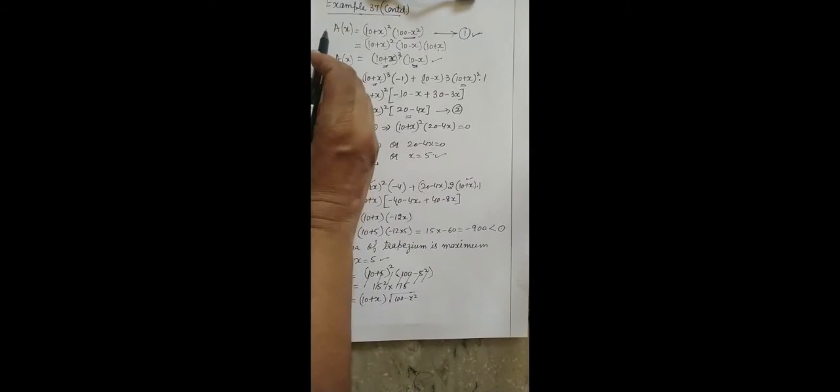So the original area was 10 plus x into root of 100 minus x square. Actually, first of all, I was putting in this function, but this was obtained after squaring the area. So we cannot put here for finding the area. So my original area function was this. So now here I will put x as 5. So it is 10 plus 5 into root of 100 minus 5 square.